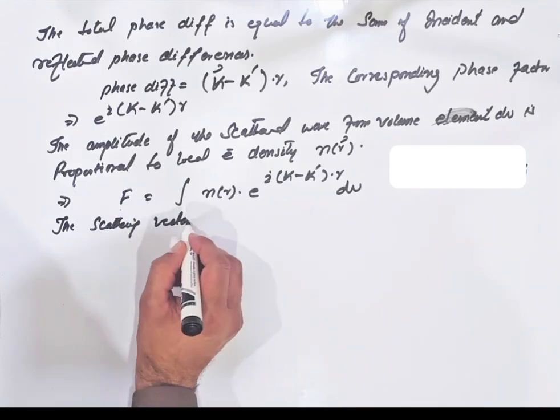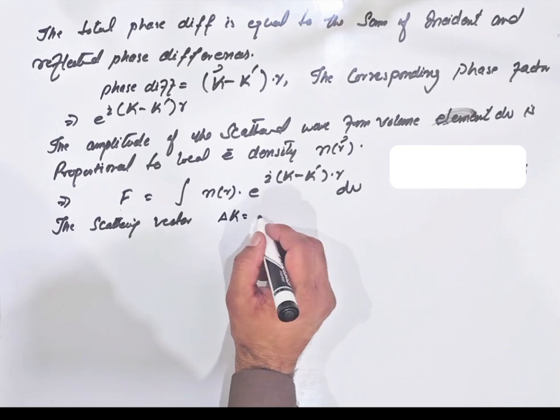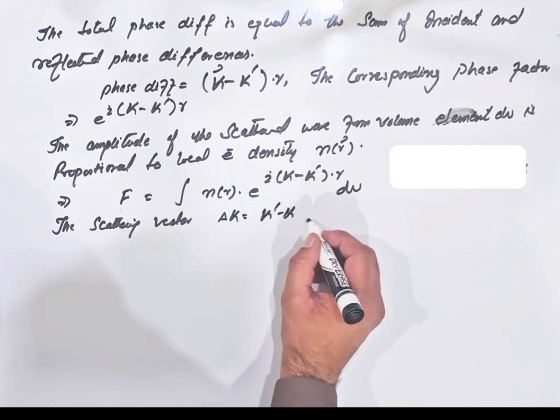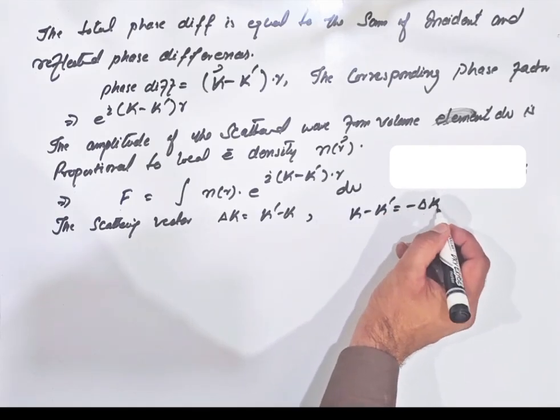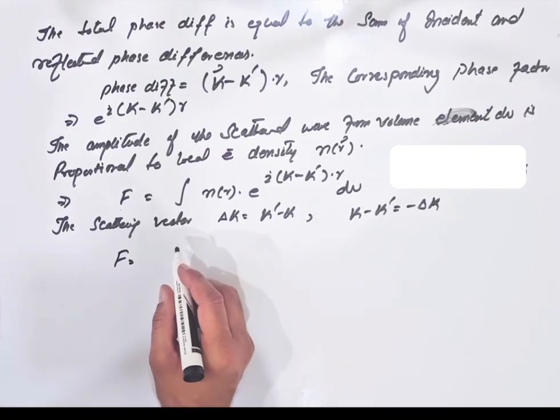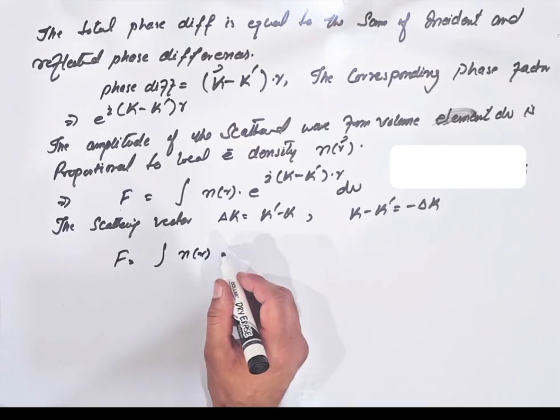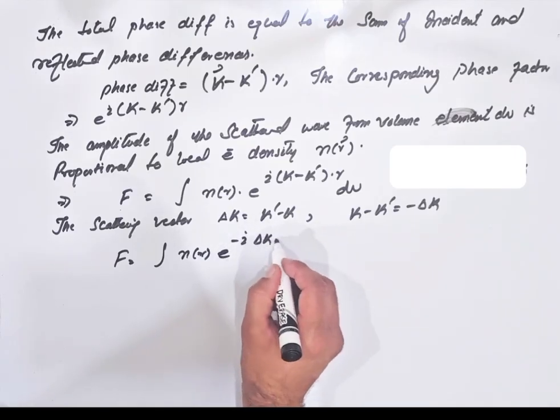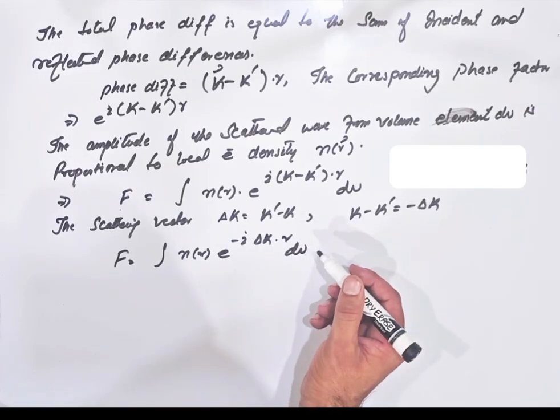The scattering vector del k is k prime minus k. K minus k prime is minus del k. Thus, F is equal to integral n(r) e to the minus i del k dot r dV.